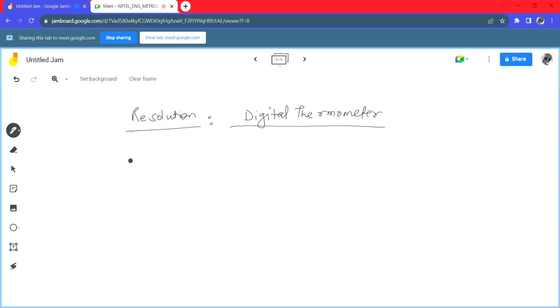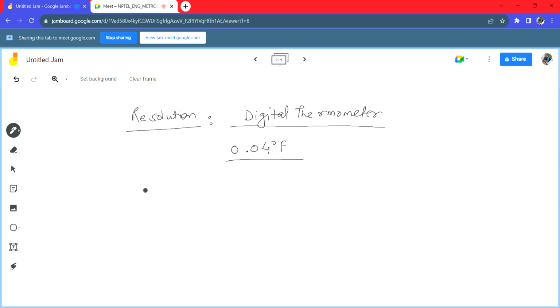Now, the resolution of this device is 0.04 degree Fahrenheit. Fine.